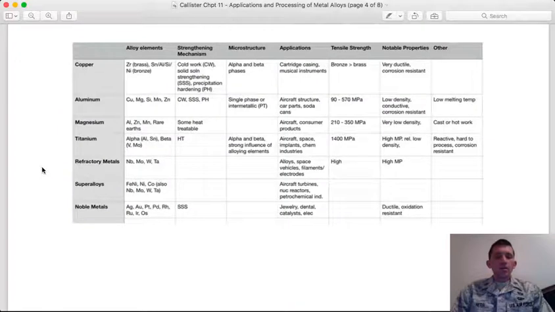And among the non-ferrous alloys, we have a couple different categories. You have your copper, and I guess maybe kind of buried in here you would have your precious metals also, but copper stands kind of alone because of its relative inexpensiveness as far as precious metals go. And then you have aluminum and magnesium and titanium.